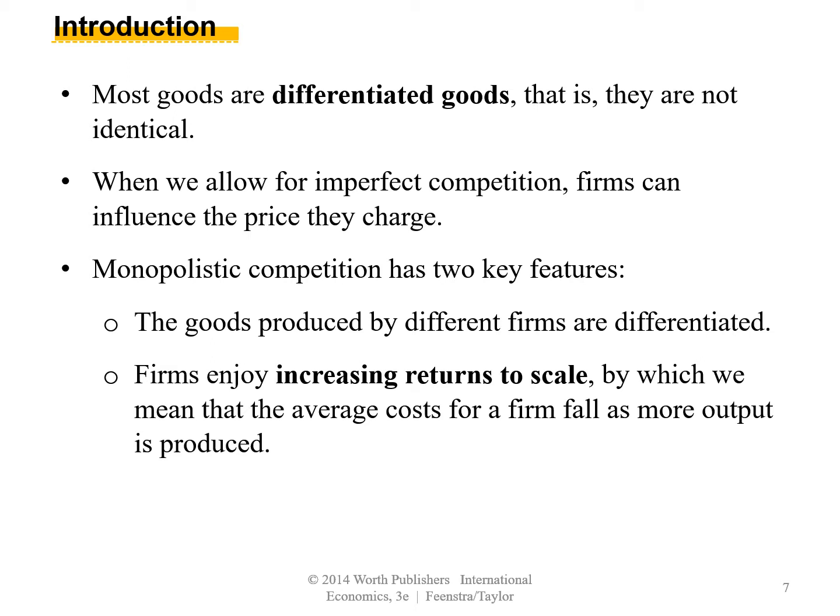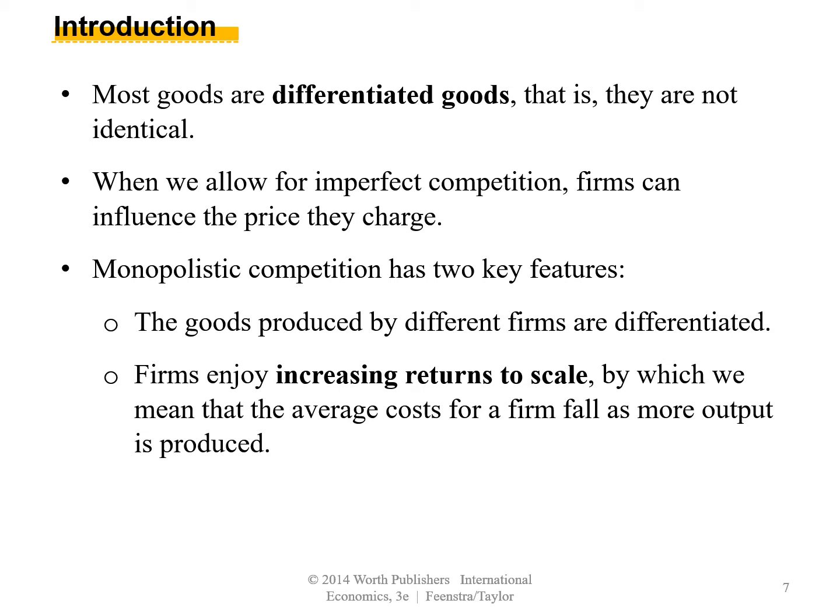So most goods are actually differentiated goods. They're not perfectly homogeneous. They're not identical. And when we also allow for imperfect competition, that allows firms to influence the price they charge. So monopolistic competition has two key features.